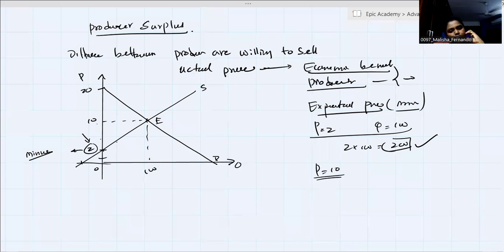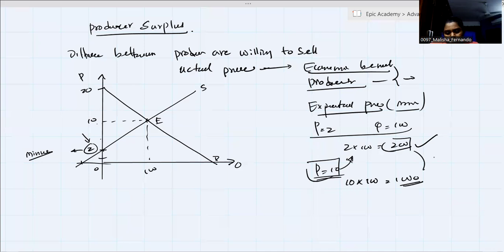Then what will happen? The actual price becomes 10 rupees, which is greater than the expected price. So then what will happen to the income or revenue? 10 multiplied by 100. So it is this number.